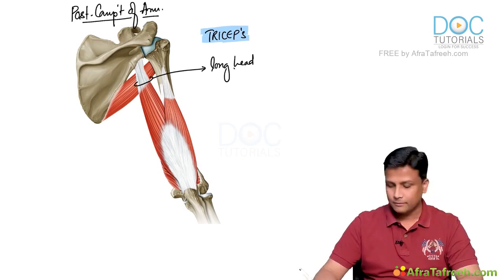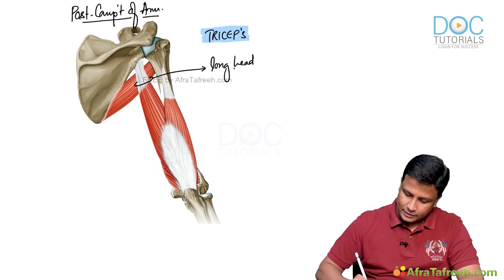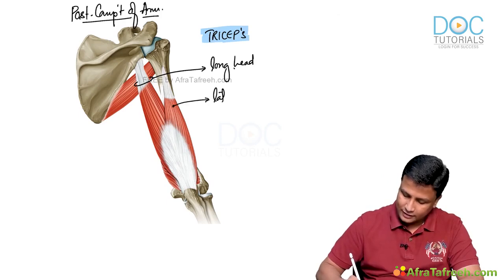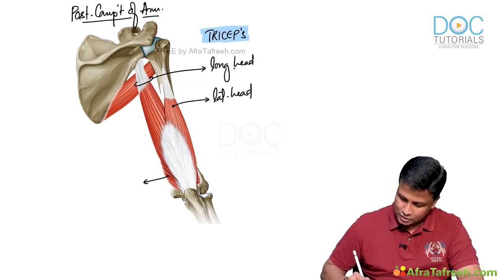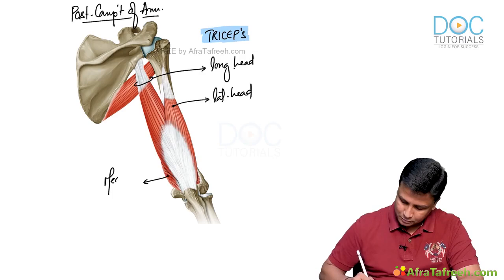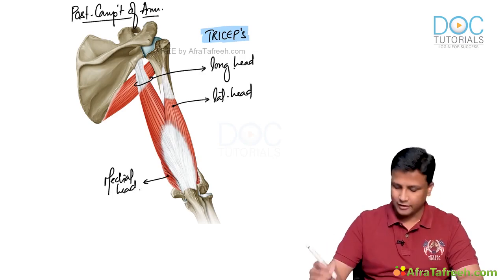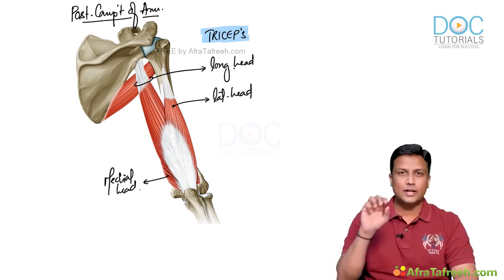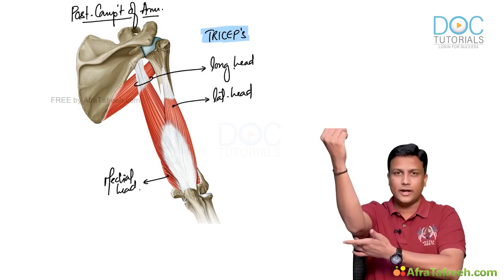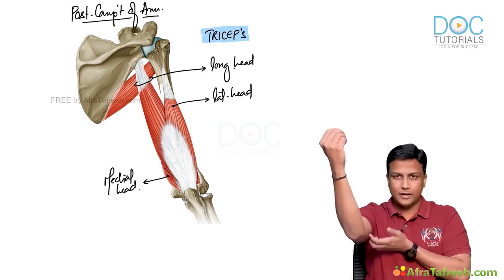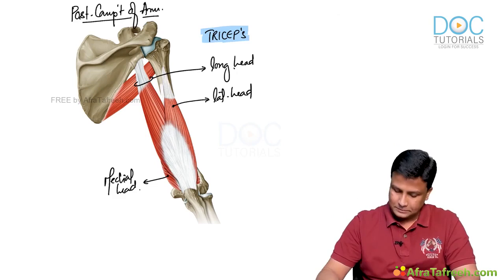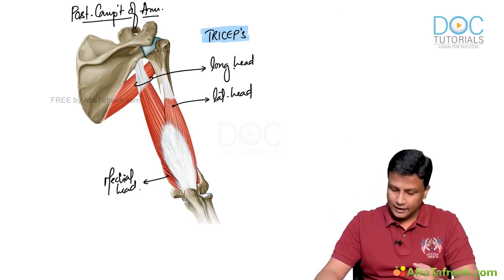Then there will be one muscle on the other side here; this one will be the lateral head towards the lateral side. And in this diagram, this one here will be the medial head. So the triceps muscle will totally have 3 heads: the long head, the medial head, and the lateral head of the triceps.